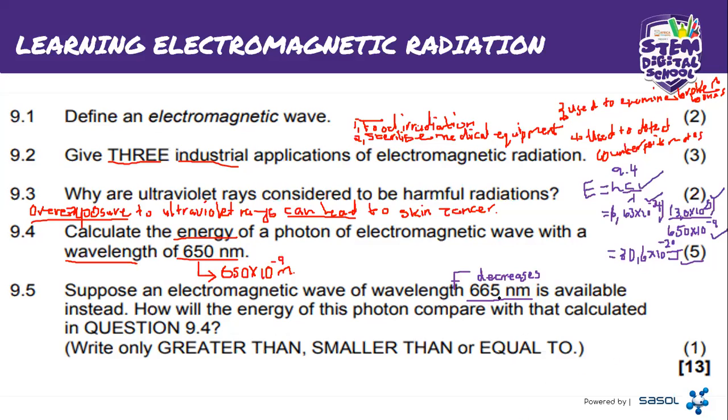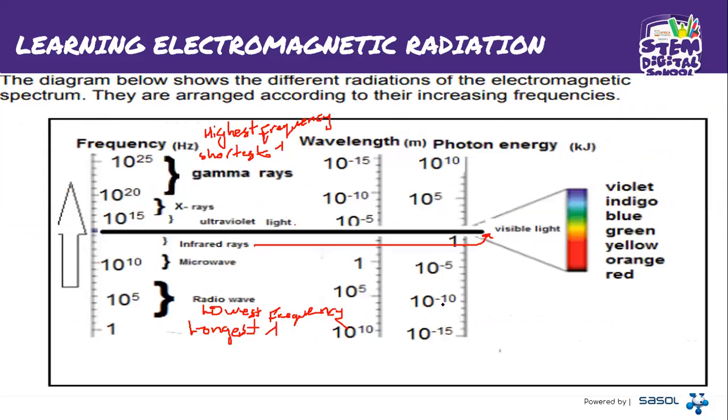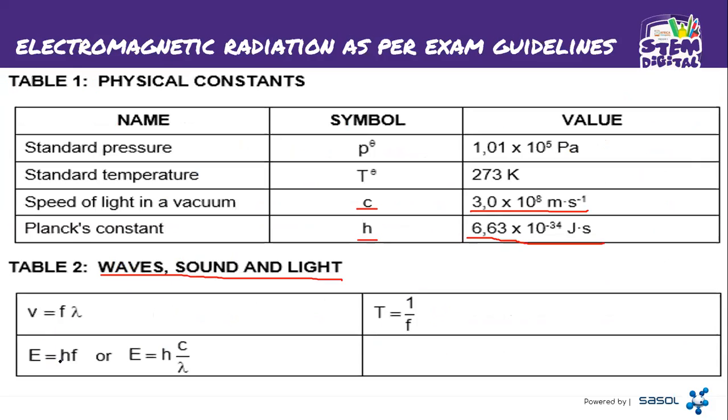So if you start to use an electromagnetic wave with a longer wavelength, it means the frequency has decreased. And if the frequency has decreased, the energy is also going to decrease, because energy is directly proportional to the frequency.